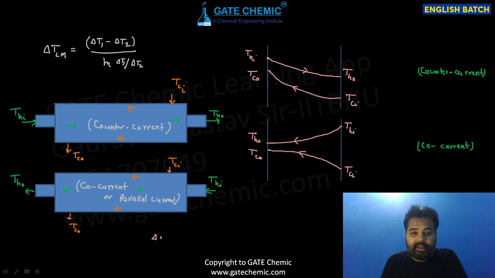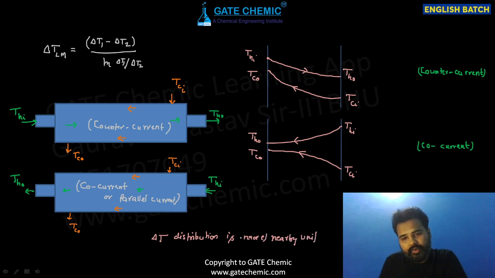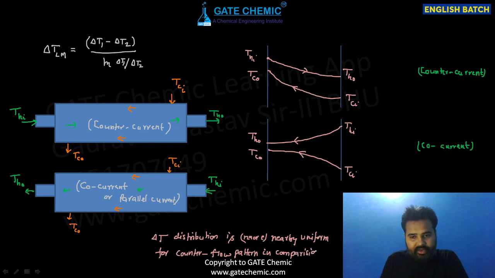You can see here the delta T distribution is more uniform, or you can say, don't use uniform, write nearby uniform. So write: delta T distribution is more nearby uniform for the counter flow pattern in comparison to the co-current flow pattern.